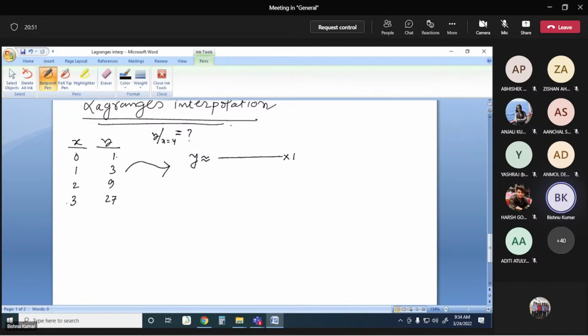Except the first value, the remaining x values are subtracted: x minus 1, x minus 2, x minus 3. What will be the denominator? From the first value, subtract the remaining x values: 0 minus 1, 0 minus 2, 0 minus 3. This is your first term.